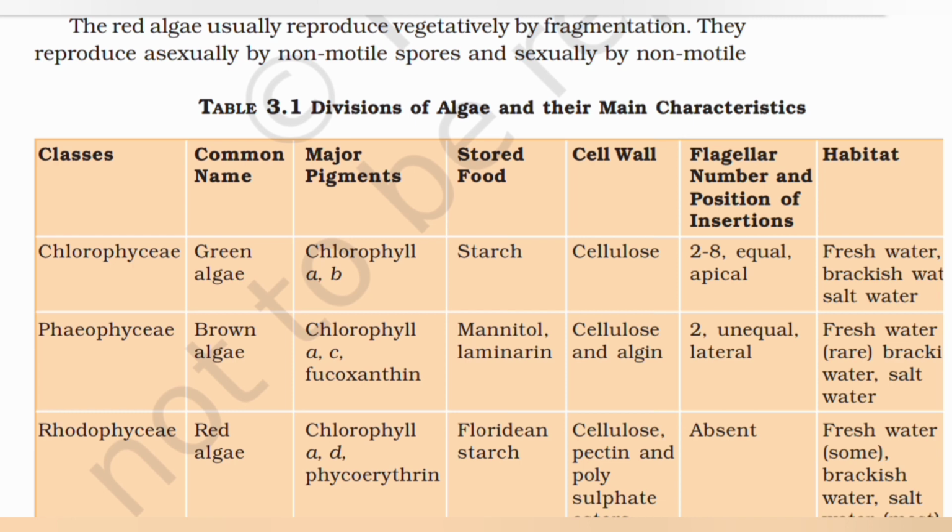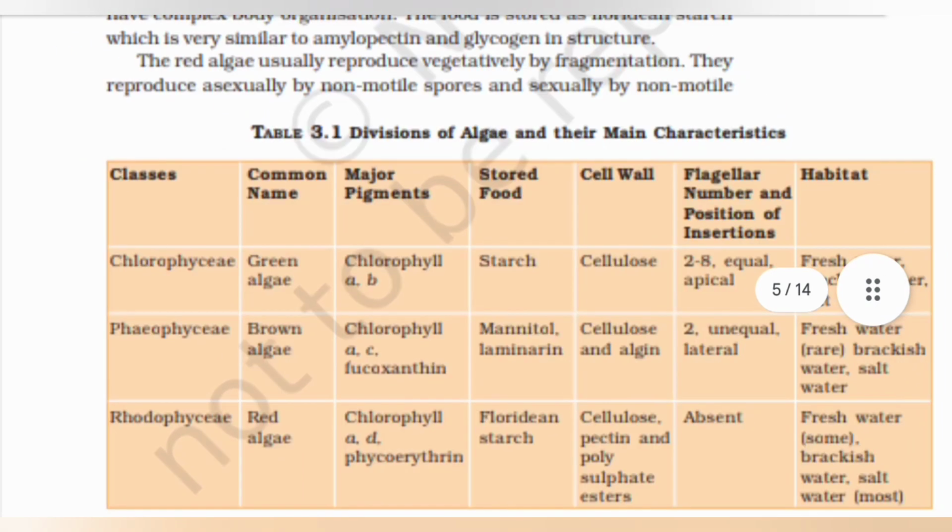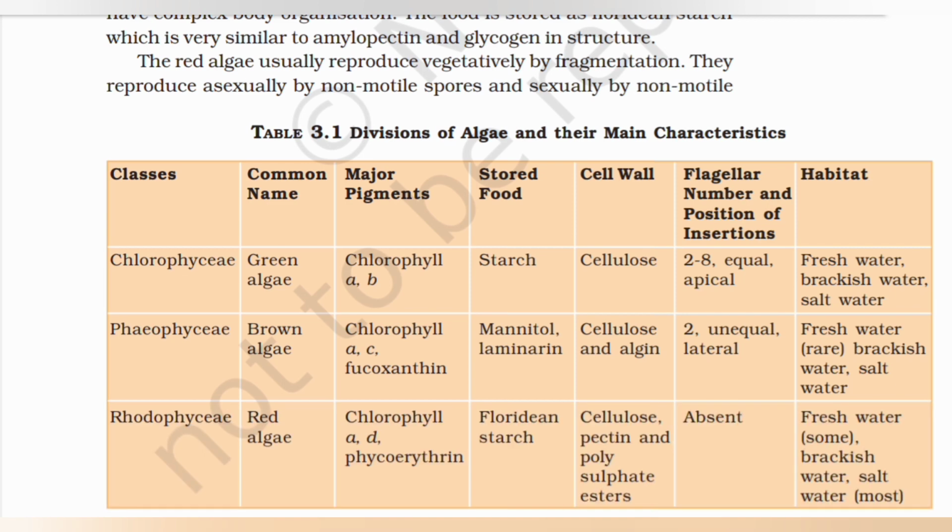Phaeophyceae, common name brown algae, major pigments chlorophyll a, c, fucoxanthin, stored food mannitol, laminarin, cell wall cellulose and algin. Flagellar number and position of insertion 2 unequal lateral, habitat freshwater, brackish water, salt water.